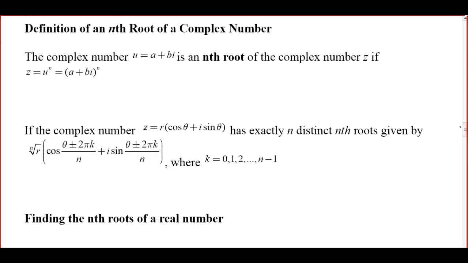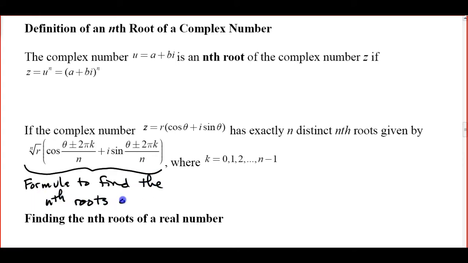If the complex number z written in trig form is r times cosine theta plus i sine theta, it has exactly n distinct nth roots, and the n distinct nth roots are given by this formula. This is a formula to find the nth roots of a complex number.